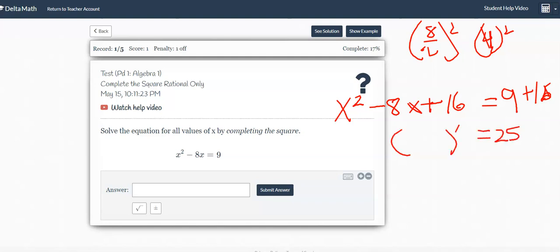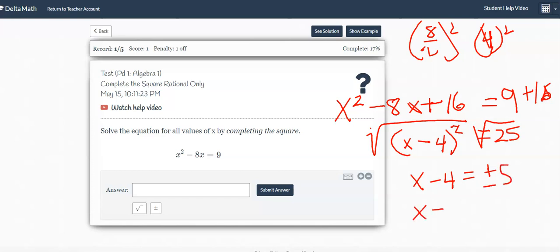Over here, I need to factor it. I square root the first, I square root the last, and I steal the sign from the middle. Now it's time to square root both sides. Don't forget, when you square root your value on the right, you get a plus or minus sign. Plus or minus 5.